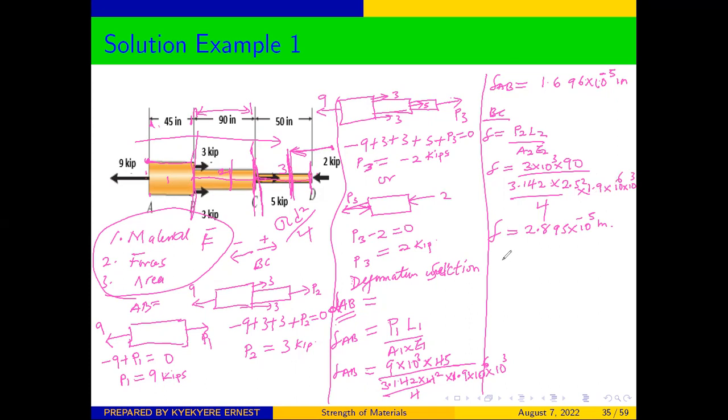And we can calculate the deformation in the last section, which is from C to D. So from C to D, the deformation is going to be P3 L3 over A3 E3, and that will be equal to, we know that the force in the third section is -2 kips, which is -2 times 10 to the power 3, times the length of the section.